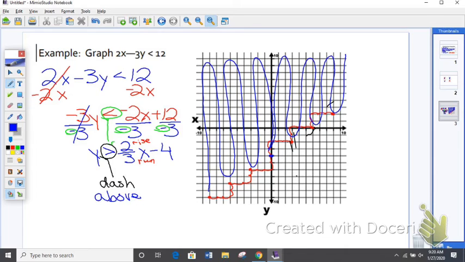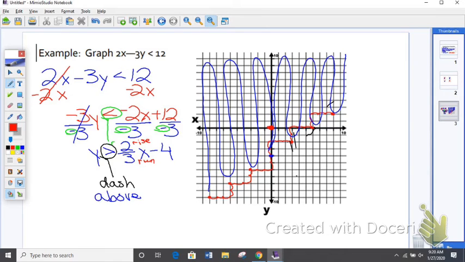Okay. So, although we can't check exactly, we can get a good idea, especially about the shading, by choosing a point in the shaded area to check. The easiest point to check is the origin 0, 0, because it is in that shaded area. So as long as it's in the shaded area, we can check it.